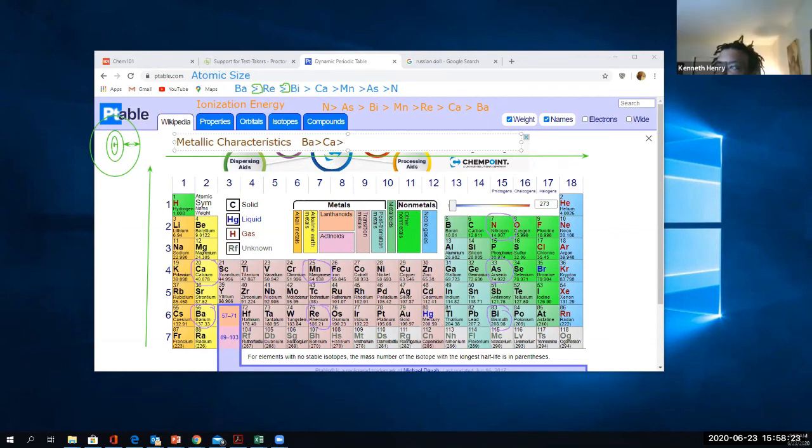And then, would it be rhenium? And then manganese? And then bismuth? And then would it be arsenic?